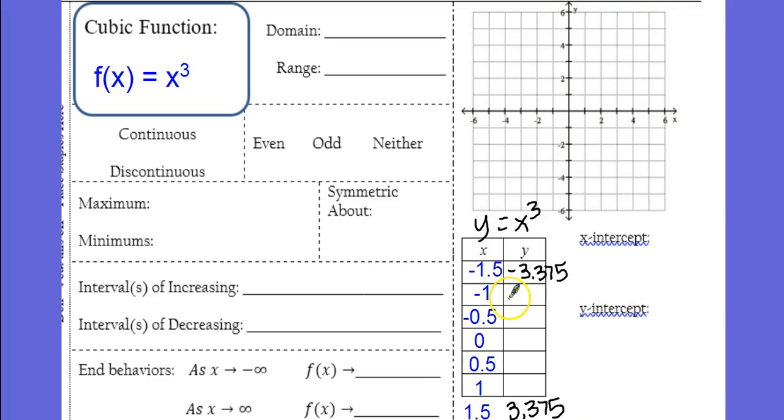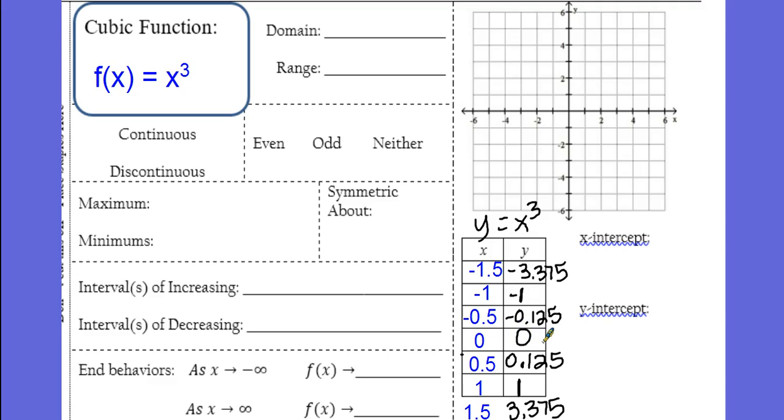In your head, negative 1 times negative 1 times negative 1. Negative 1. So positive 1 cubed is positive 1. Now go do negative half cubed. Negative 0.125. Okay, so positive 0.5 cubed is positive 0.125. And 0 cubed is 0. Okay, so we filled out our table of values.